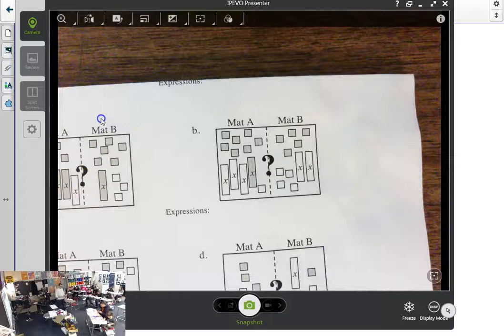You don't have to make the tiles and everything on your paper. Can I cancel out these 0 pairs? Yeah, there are 0 pairs to be made. Can I cancel out anything that is balanced on both sides? Yeah.